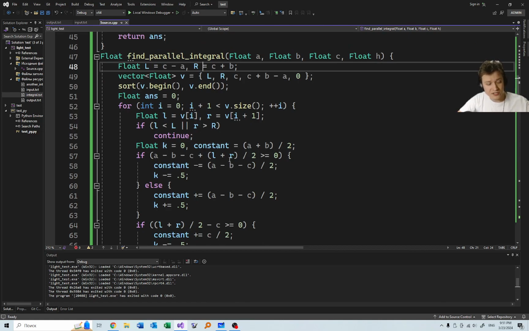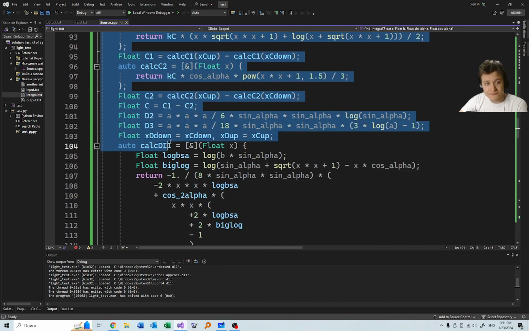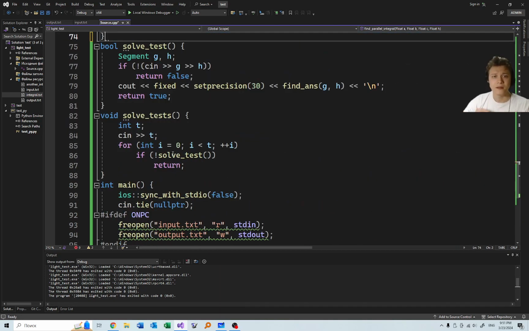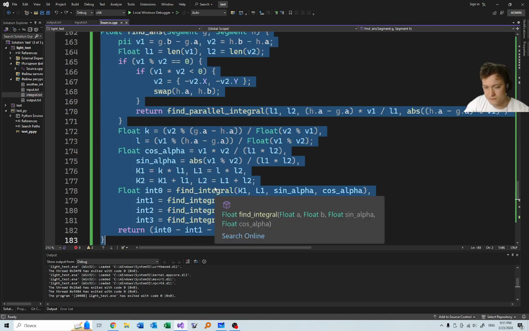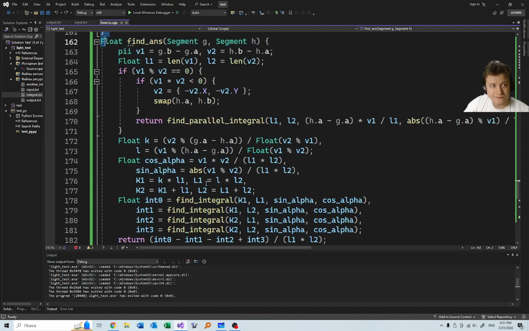Parallel integral is really not that bad. Let's keep it. Okay, so let's find G and H.